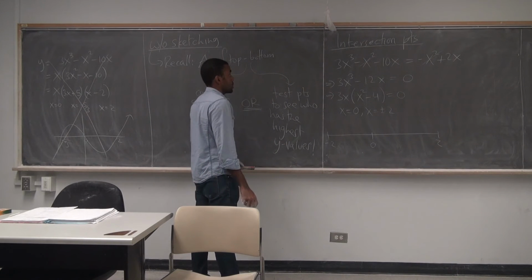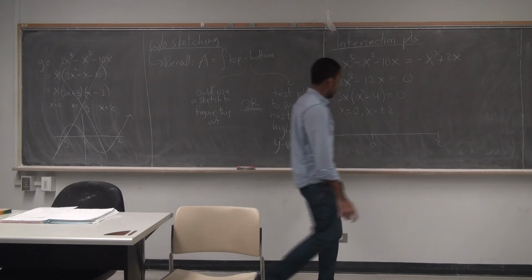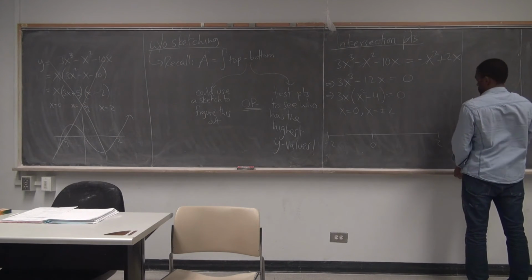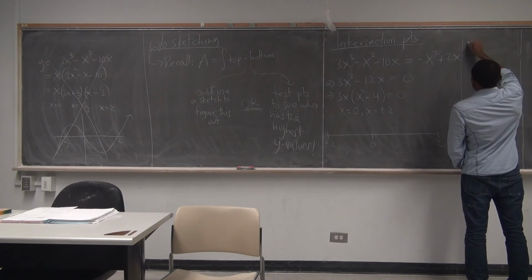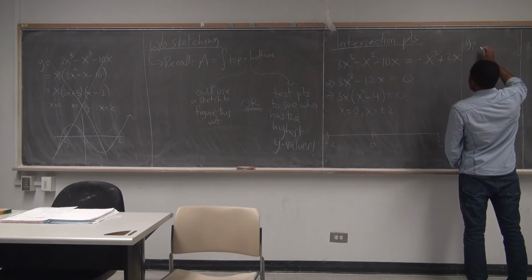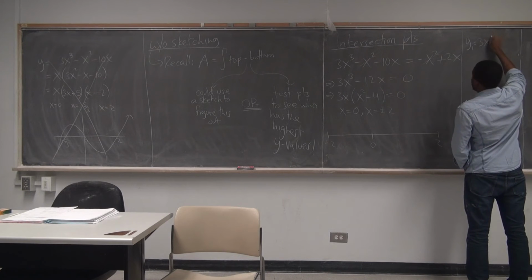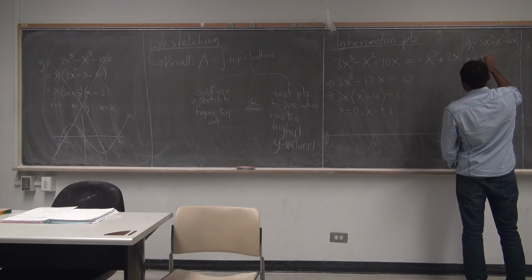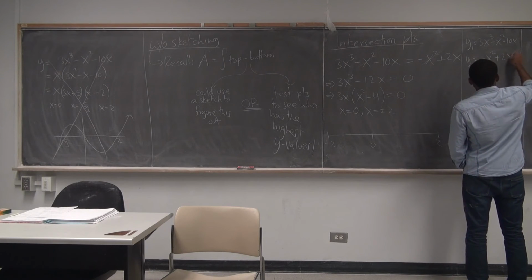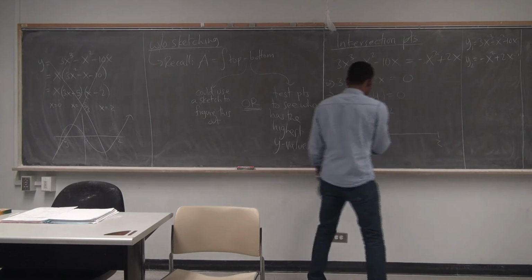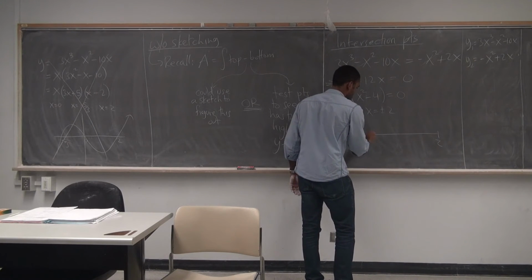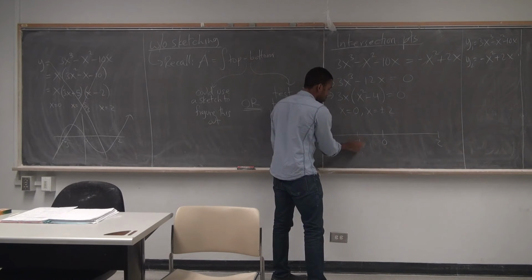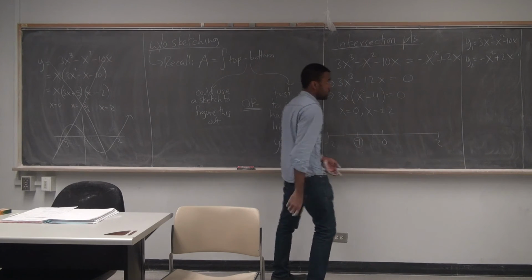So let's say y1 is the cubic. y1 is 3x cubed minus x squared minus 10x. y2 is the parabola, minus x squared plus 2x. So in this interval, pick a random number, like minus 1 for example, and see what each one gives you.